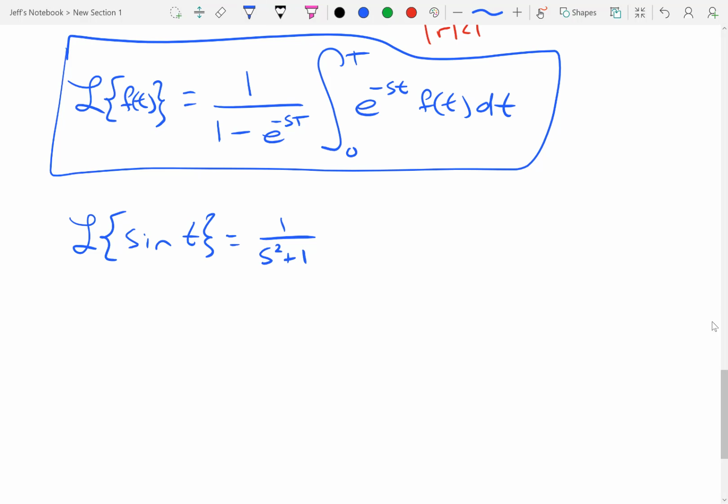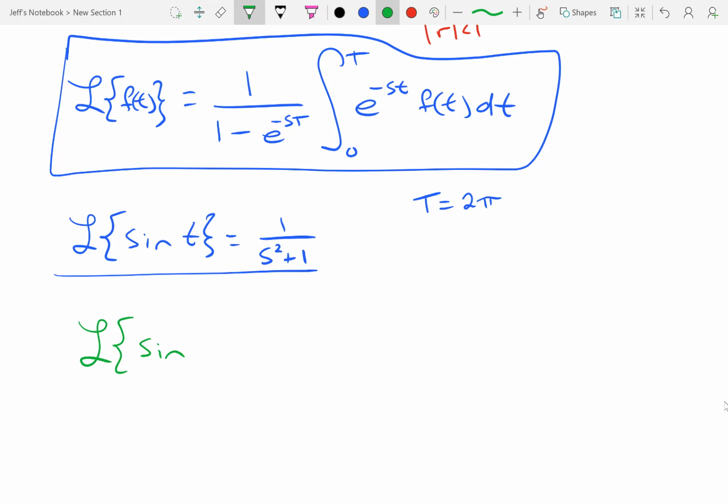So if I want to use this to find the Laplace transform of the sine of t, I'm going to take advantage of the fact that capital T is equal to 2 pi, and f of t is going to be the sine of t. So we'll keep that as our answer. And now I'm going to try to use this formula to find the Laplace transform of the sine of t.